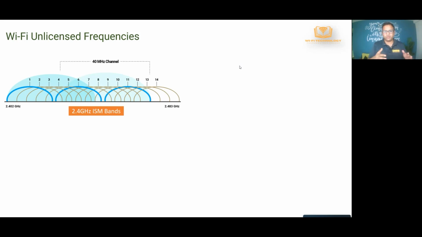That was broken down into approximately 3 non-overlapping channels, and each channel is about 22 megahertz wide. That's where you get channels 1 through 11 in the US, and it goes up to 14 in other countries, but these are all overlapping channels. And then there are 3 channels here that are non-overlapping: channel 1, 6, and 11. This is the 2.4 gigahertz ISM band.